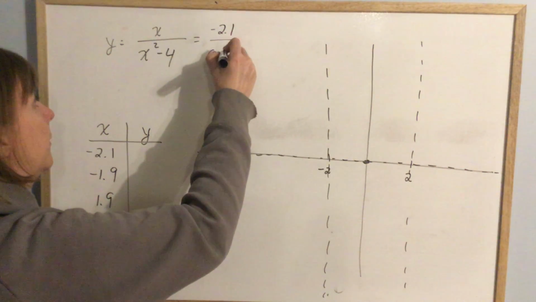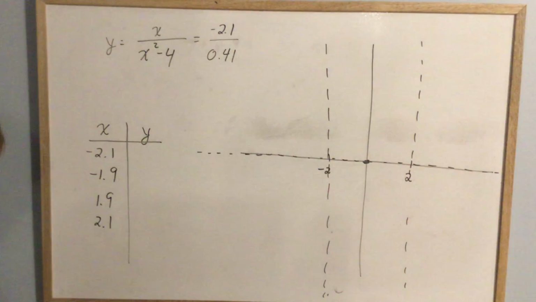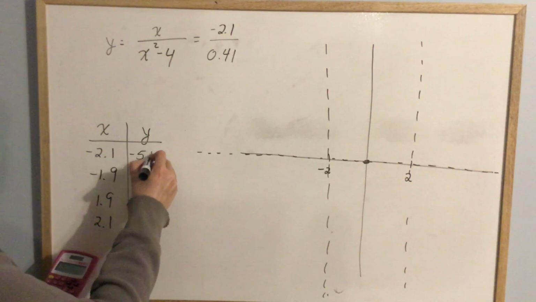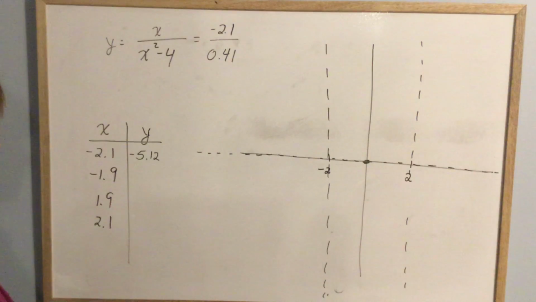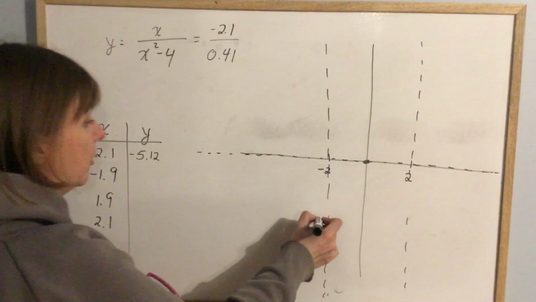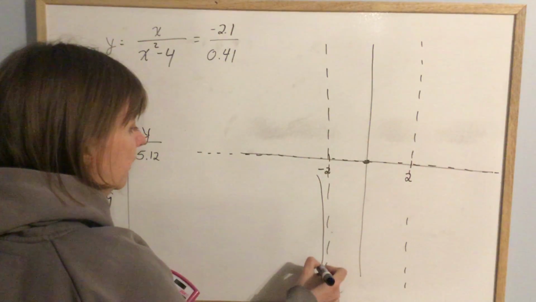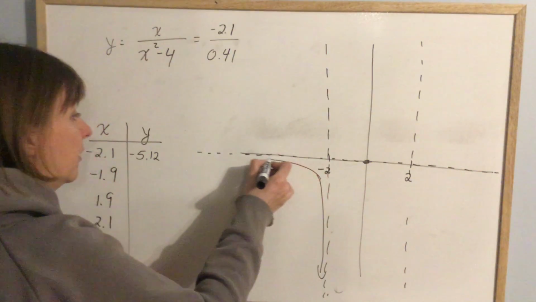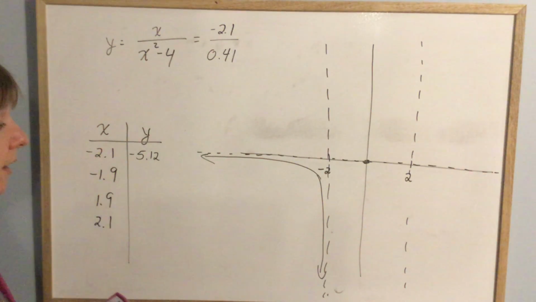I end up with -2.1 divided by 0.41, which gives me -5.12. So not a huge negative number, but still a negative number. So it is headed downward, which means as it goes this way, it's going to head up, but can't cross that.